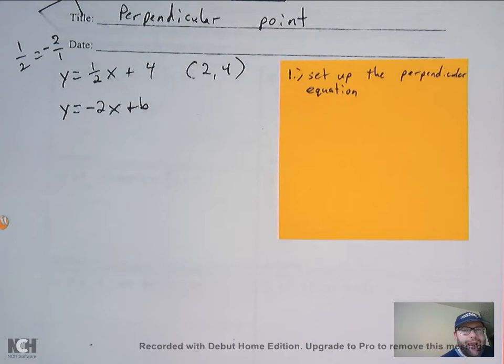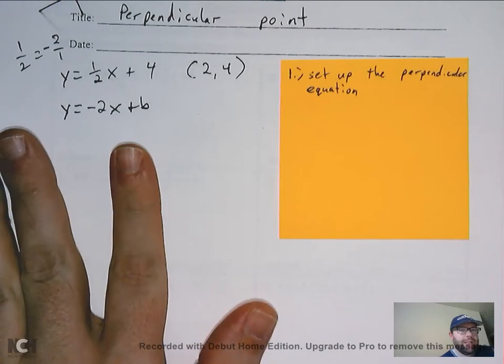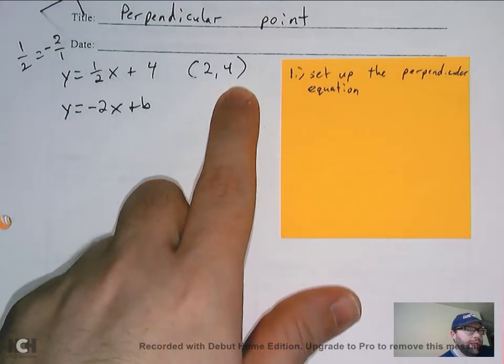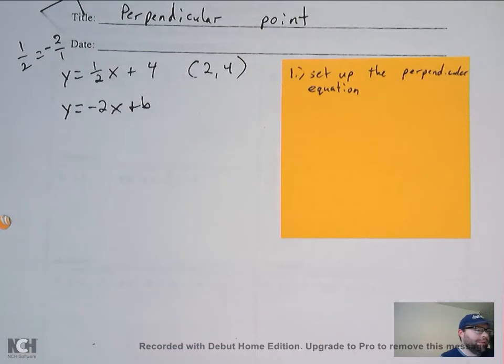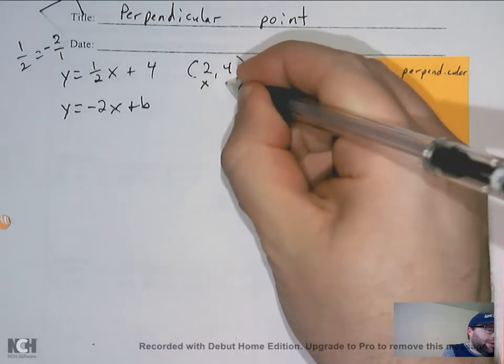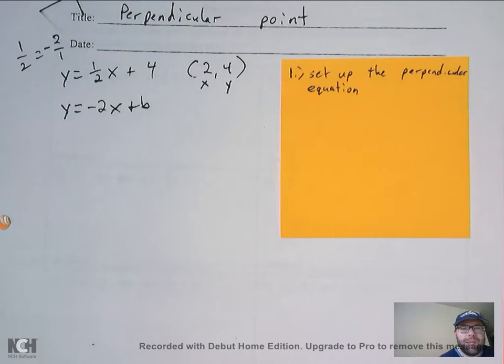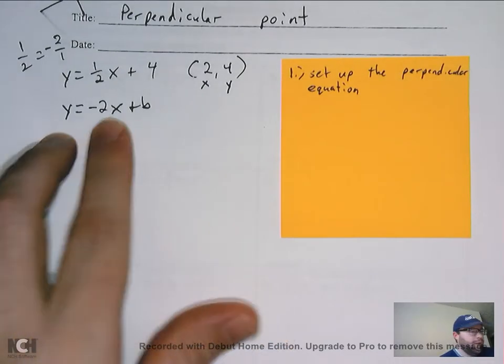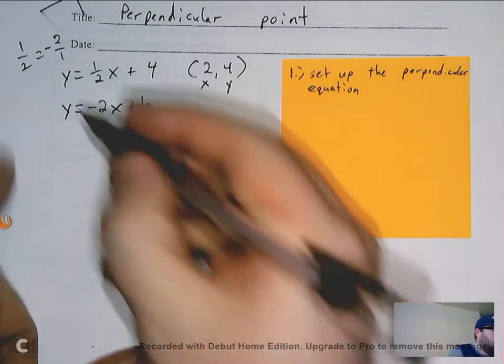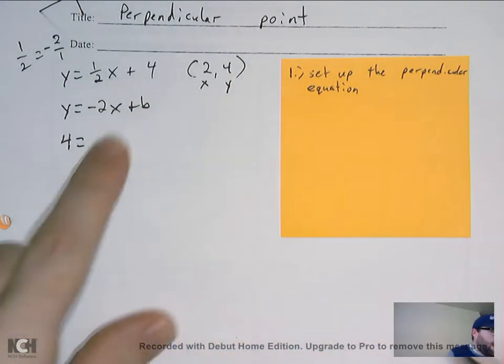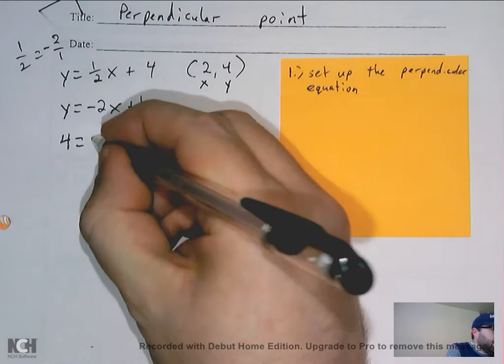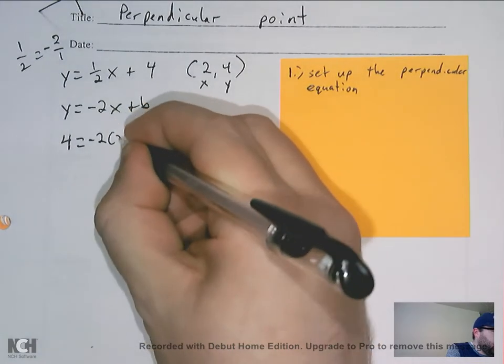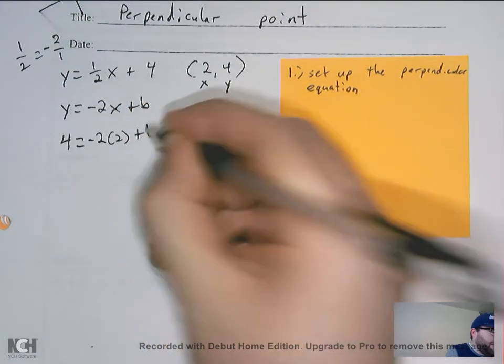So now I have my perpendicular equation set up. Now I plug in my point. This is the x coordinate. This is the y coordinate, right? They replace the x and y in your equation. So y would become 4, x would become 2. So I'd have 4 equals negative 2 times 2 plus b.